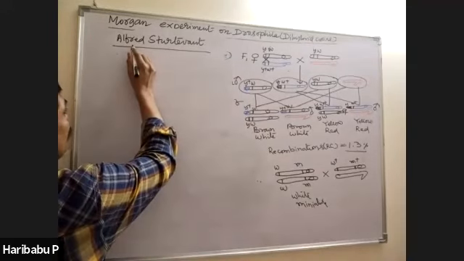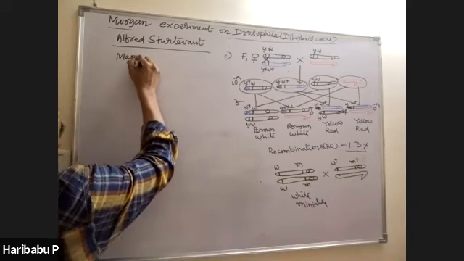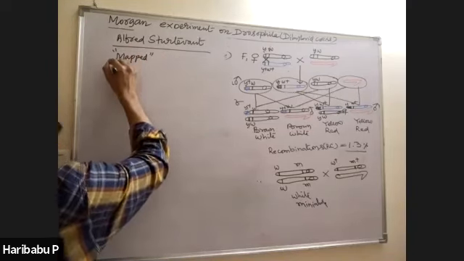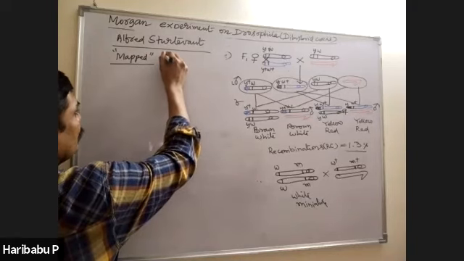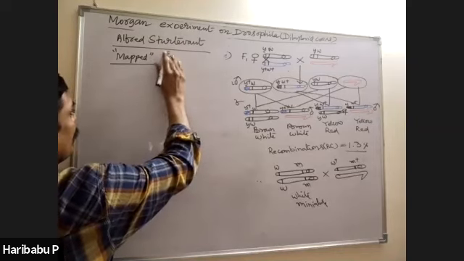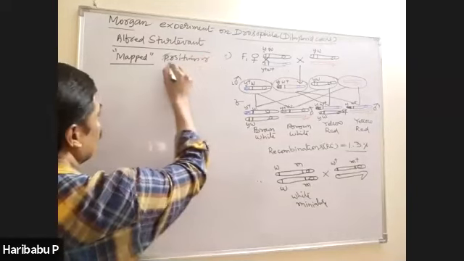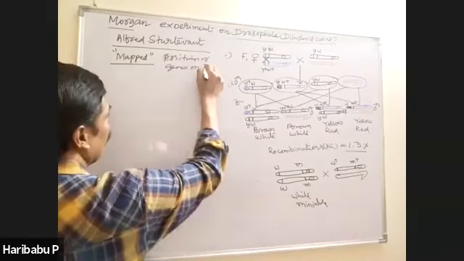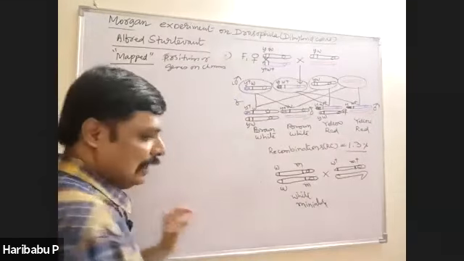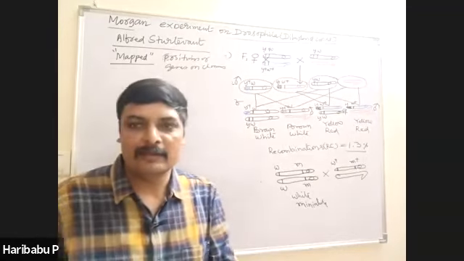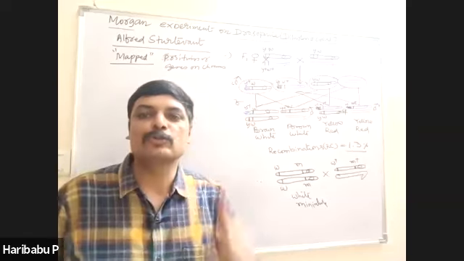One of the students of Morgan, Alfred Sturtevant, mapped the positions of genes on the chromosome, and he prepared the first chromosomal map for Drosophila.